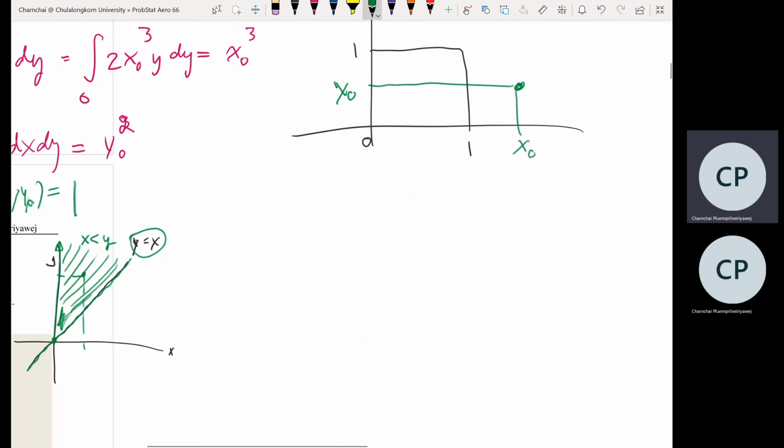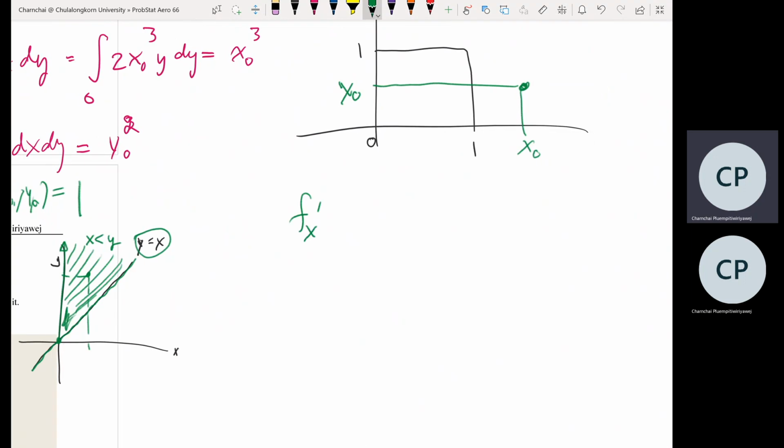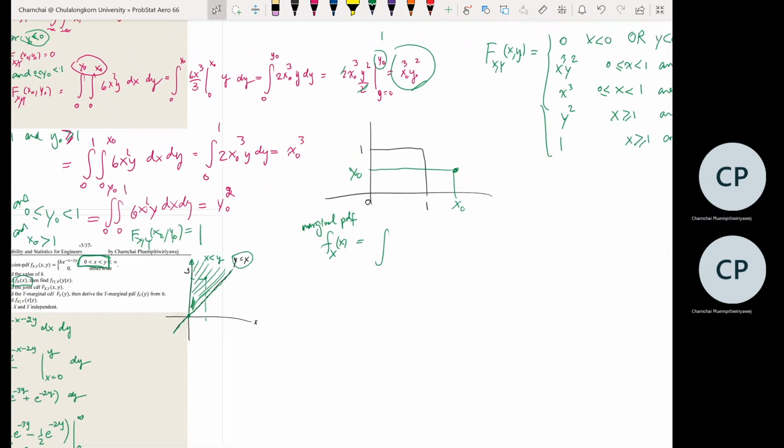Okay, so we want to find f of x, which is the marginal x, okay, the marginal pdf, right? So we want to integrate what? Integrate what? Joint probability f of x y, okay.